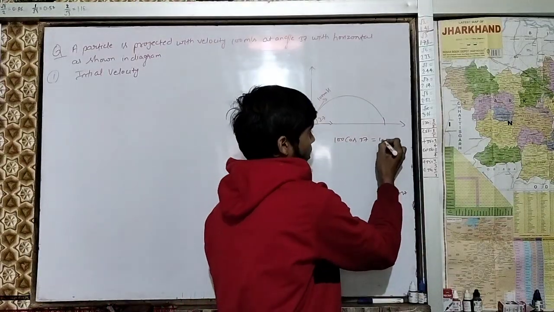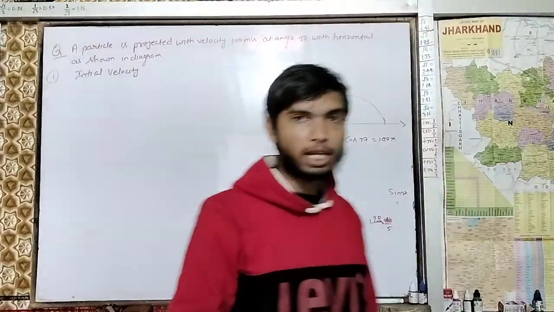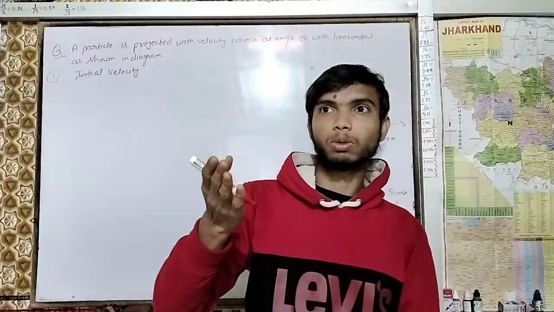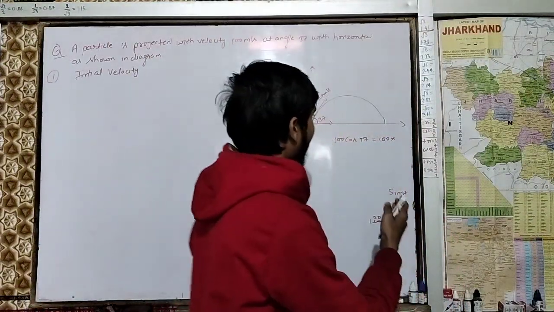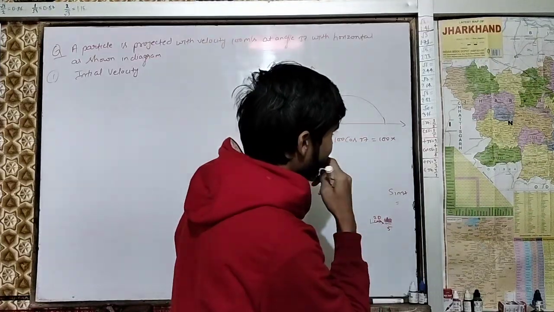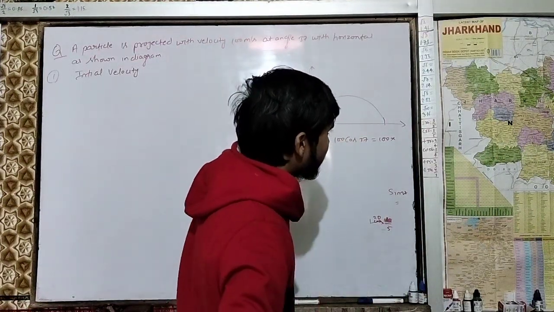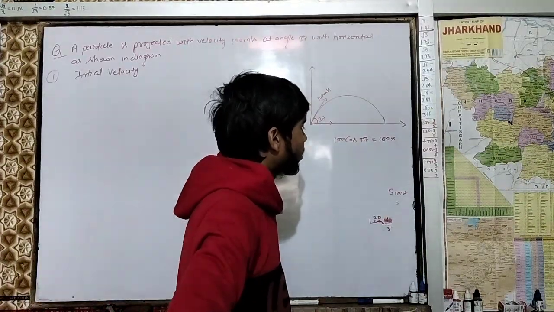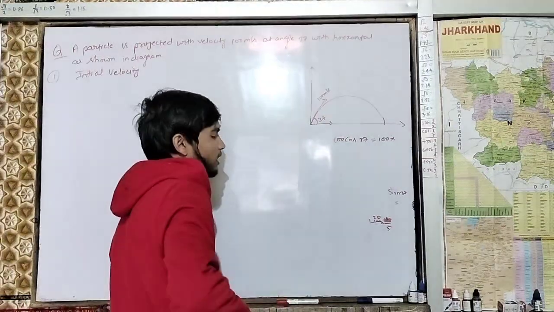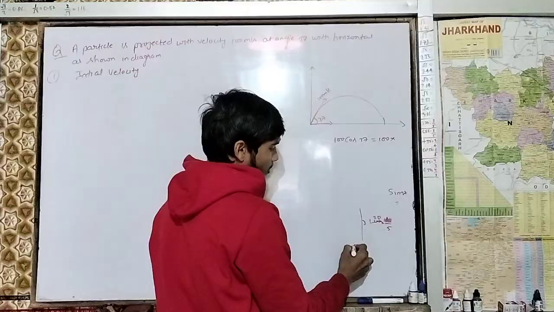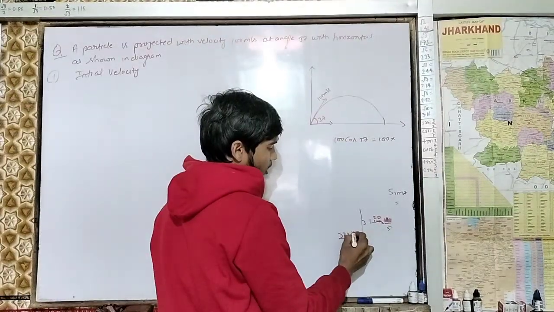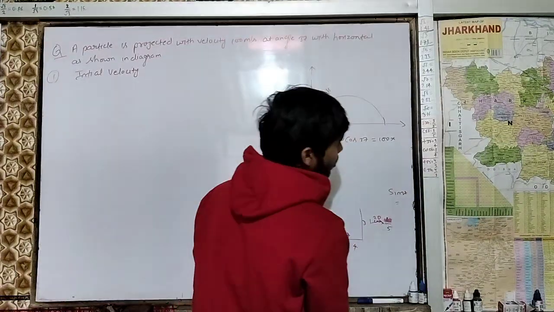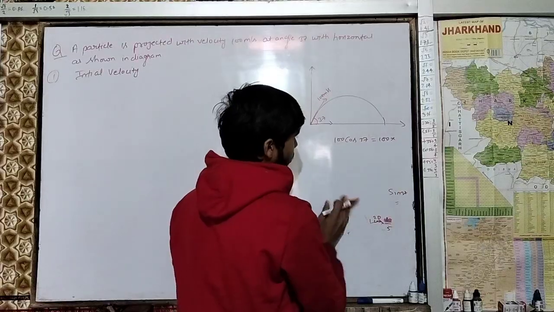So let's simplify this. 100 will stay as it is. The value of cos 37 is, I think, 3 by 4. Let's see. Cos 37 is equal to what? 3 by 4. And this will be 3 and this will be 4, so the hypotenuse is 5. So it is 4 by 5.